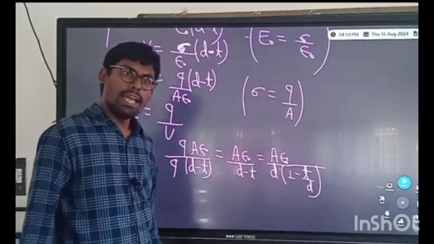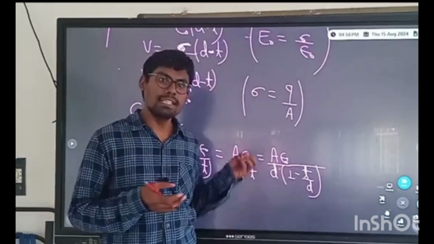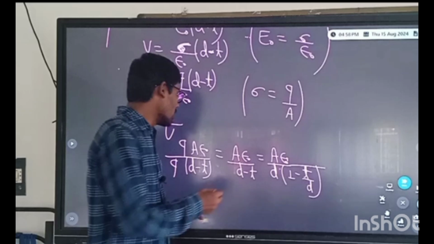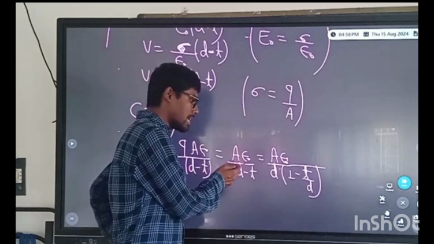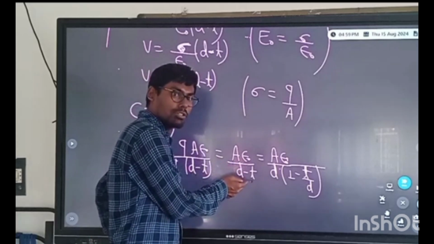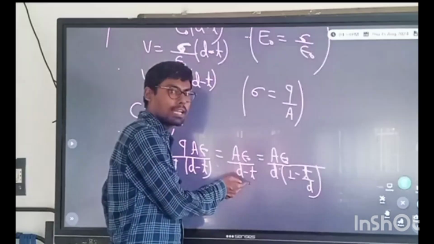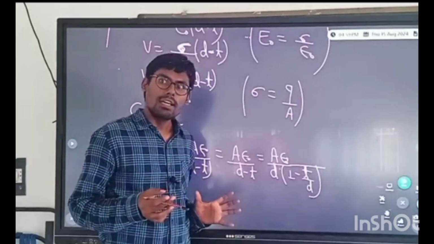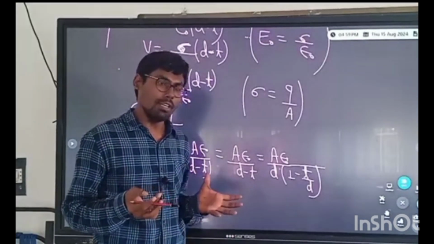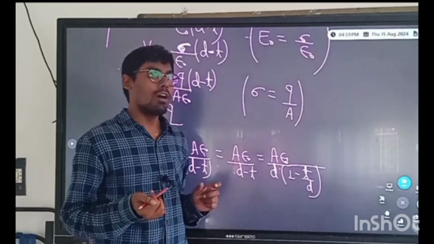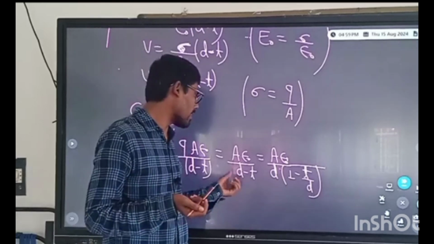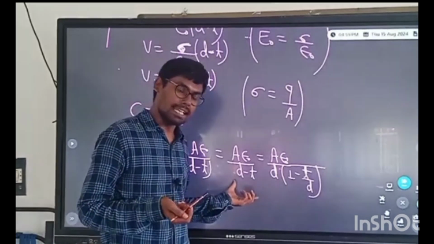Now when we introduce the conducting slab, capacitance will be A epsilon naught over (d minus t), which is less than d in the denominator, so capacitance increases. Whether we introduce a dielectric slab or a conducting slab, the capacitance of a parallel plate capacitor increases.